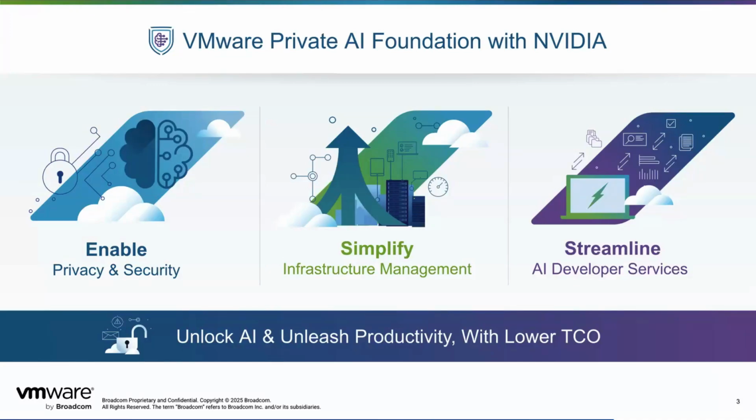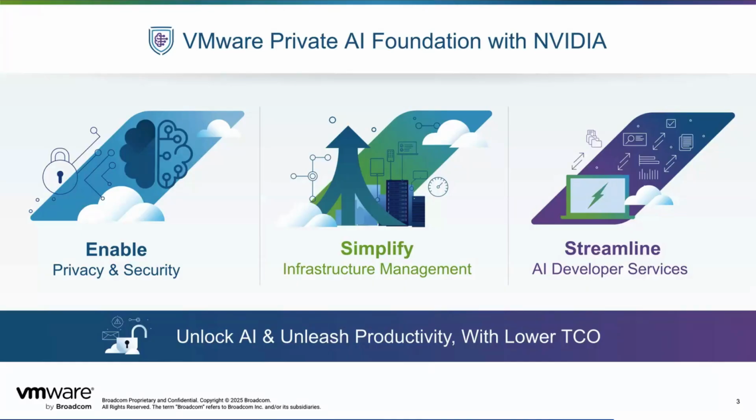The second is we really want to make sure that infrastructure management is as easy as possible. And that really means uplifting the VCF product to make sure that GPUs are treated as a first-class citizen. And thirdly, we're really focused on streamlining developer services for deploying models, making it easier to build AI agents, and connect all those other 2 pillars that we just talked about.